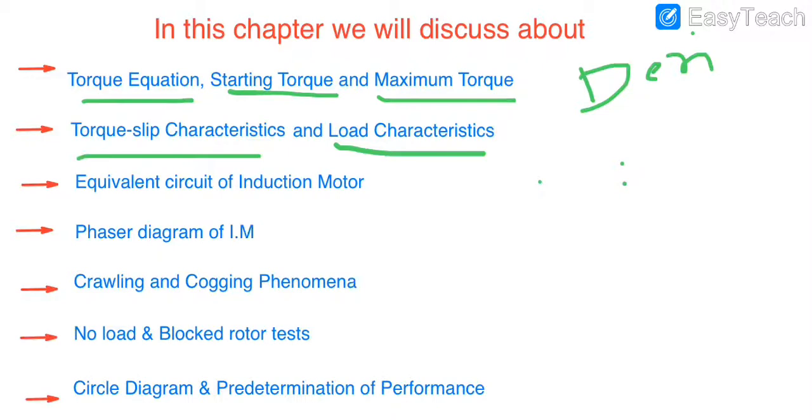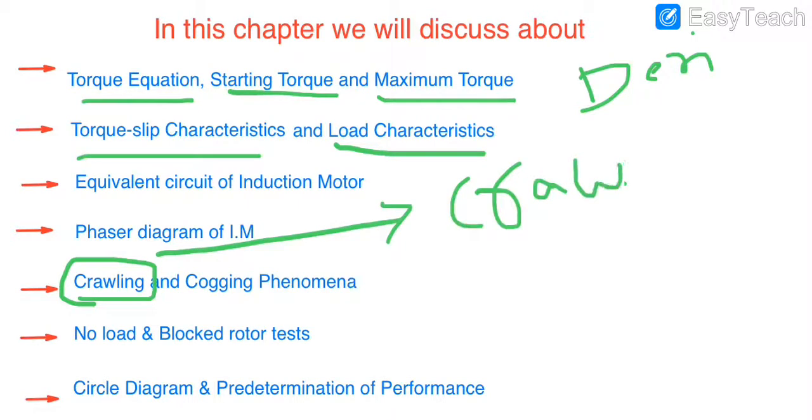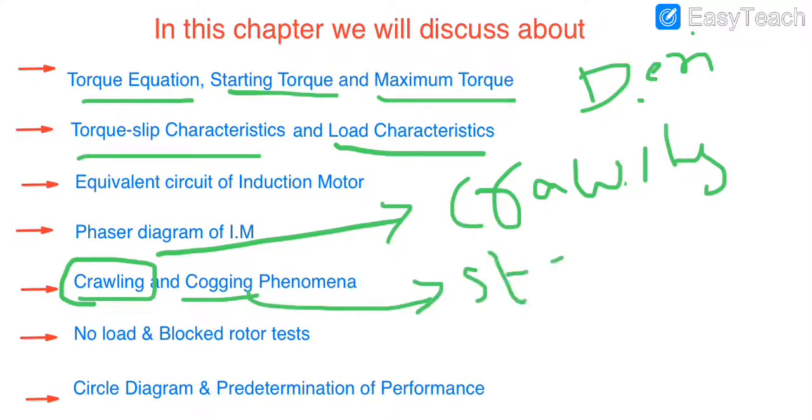How the harmonics affect the induction motor operation under running condition is known as crawling. If the same harmonics are affecting at starting condition, that is called cogging.